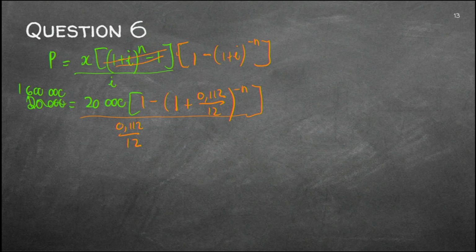So I will get, if I try and simplify, meaning multiply out with the denominator, divide by the 20,000, we'll end with 1 minus 1 plus 0,112 over 12 to the power of negative n equal to 56 over 75.